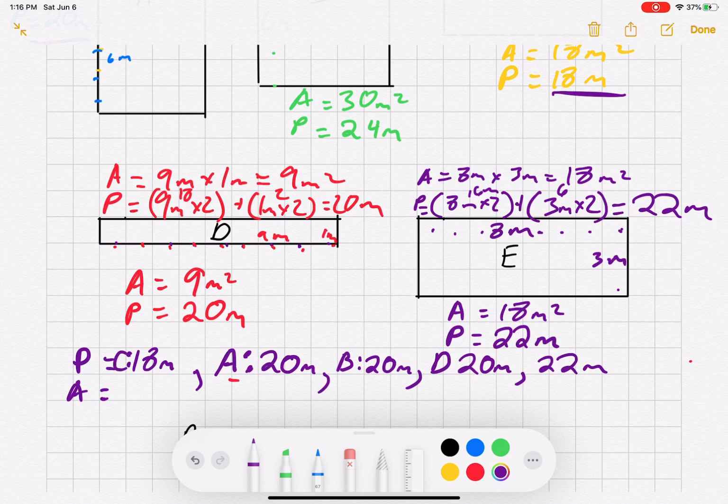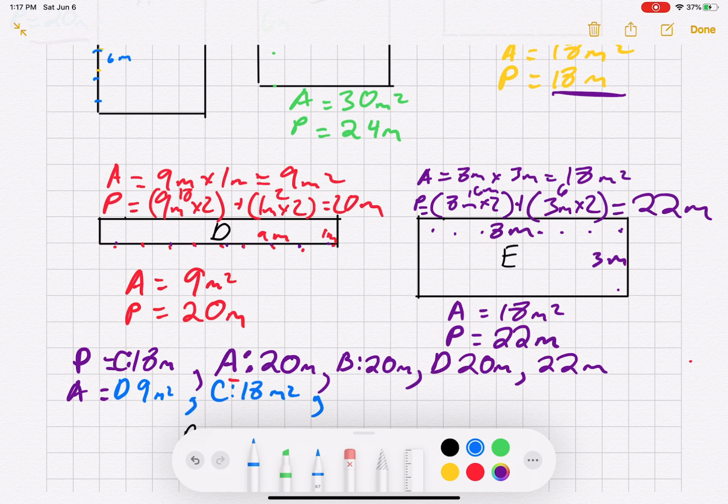Okay, now I'm going to compare the area. The first one I have is D, which is 9 meters squared. And then I have C, which is 18 meters squared.